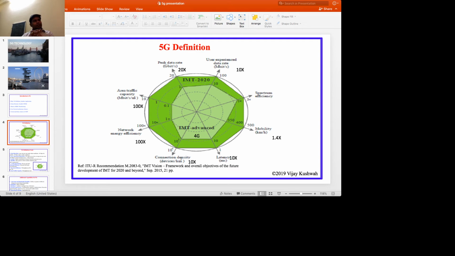So you are going up to 20 times in throughput, but only 3 times in efficiency. So you need more hertz to get 20 times. Basically, we want 20 times more throughput, but only 3 times more efficiency you will get.